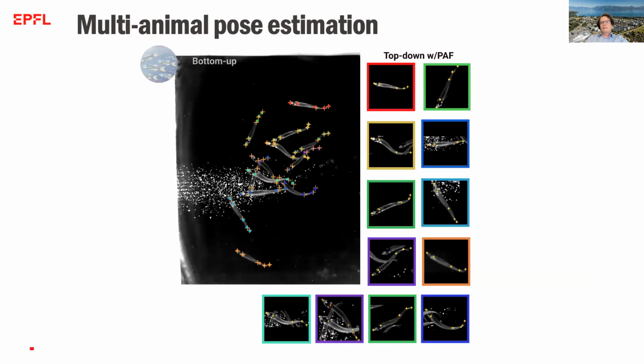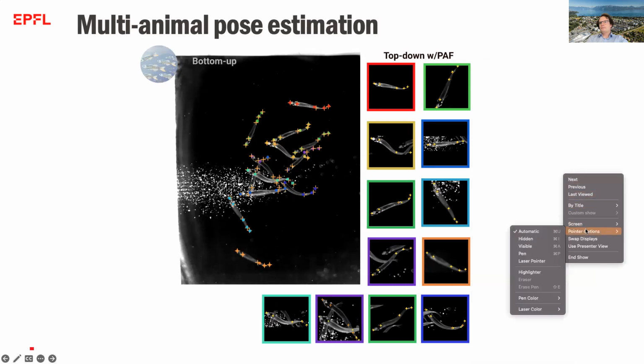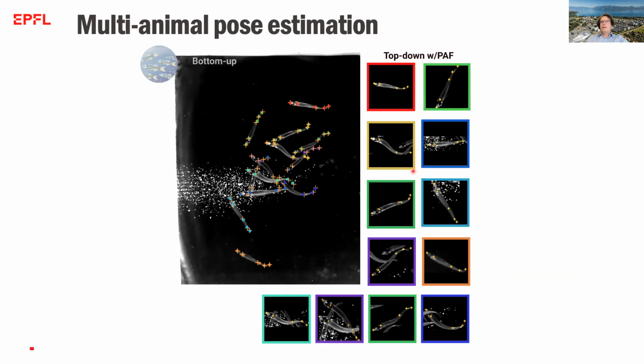Because of that, there are fundamentally two ways with which computer vision tackles the problem of multi-animal or multi-individual pose estimation. And those techniques can be characterized as either bottom-up or top-down. In top-down methods, one uses a different method, for example, a tracker or a detector, to first localize individuals and to extract a so-called bounding box around each individual.